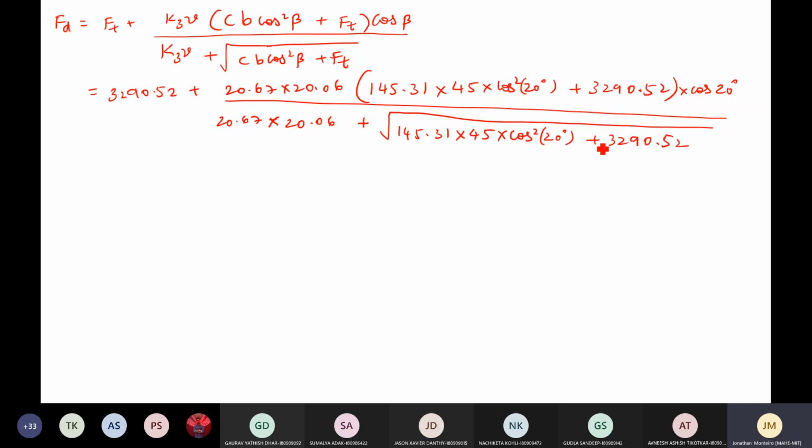Be careful with this degrees here because understand and verify which mode your calculator is working on. By default, it should be in degree mode. It will be taking in degrees. If you put 20 radians, you'll get a totally different value. So cos square of 20 degrees. Here outside it is cos 20. I think I've written it properly.